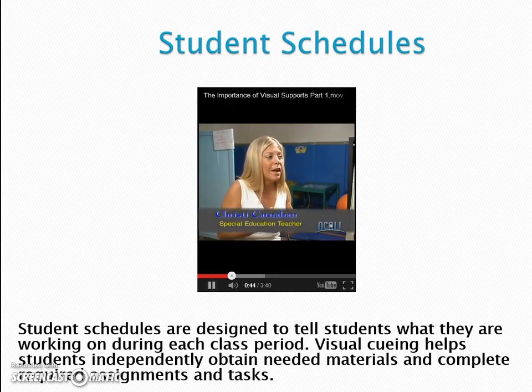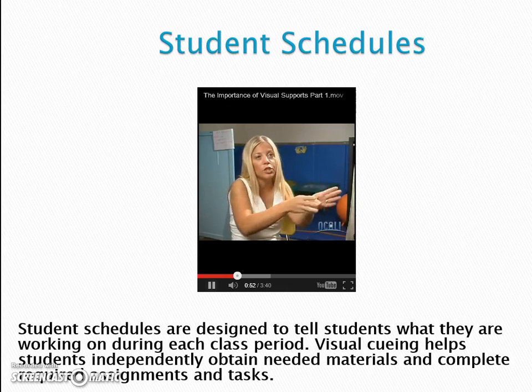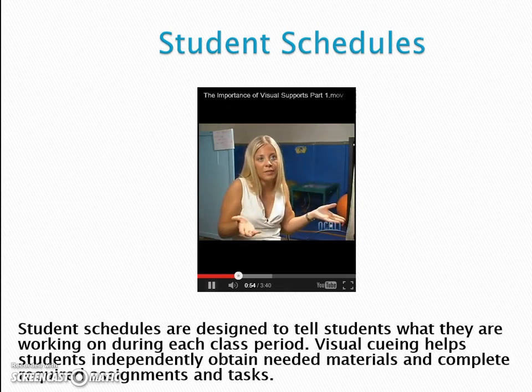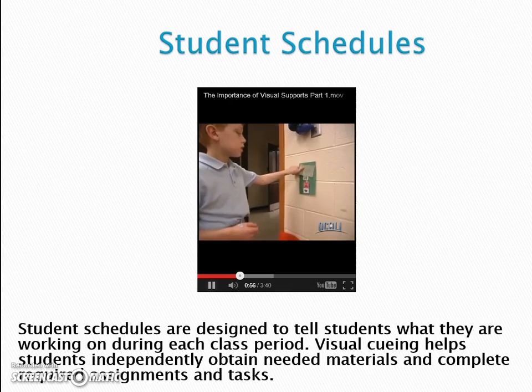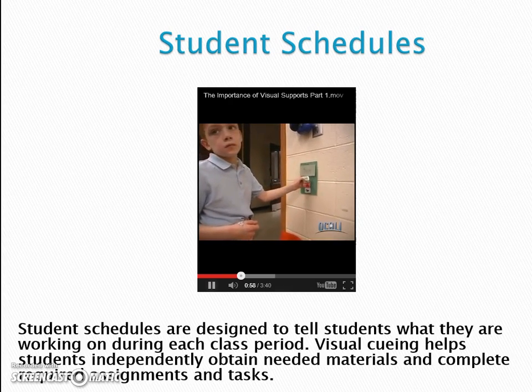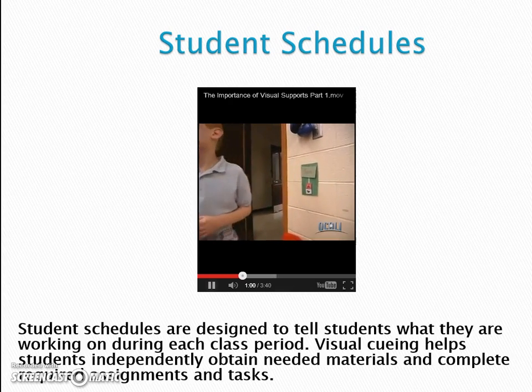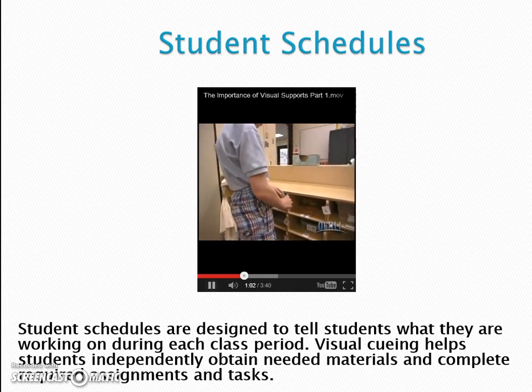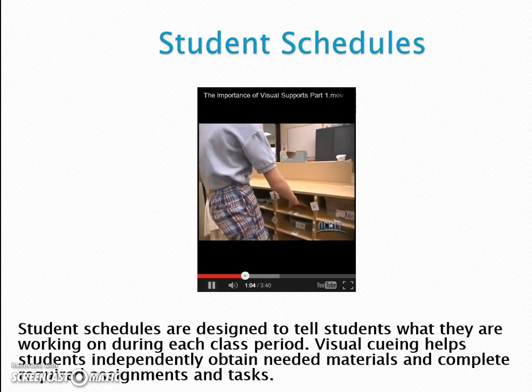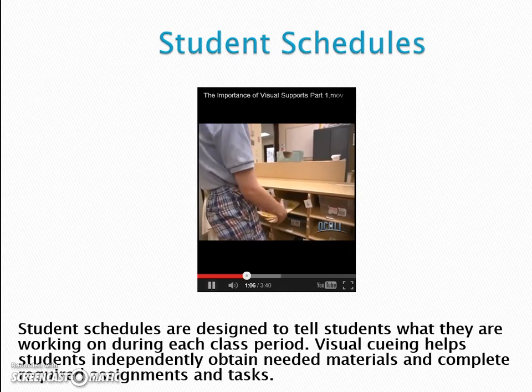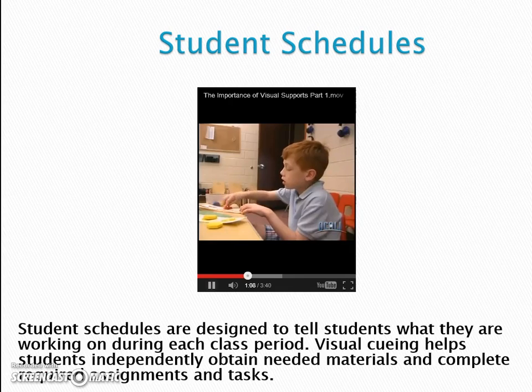Another way to say that would be that once they're attending to one thing, they have a really intense focus on that one thing, and they have trouble shifting their attention to other things in the environment. So external organization is really important to help them know what they should be focusing on and to maintain that attention and not get overwhelmed by other things in the environment, and then it helps them shift their attention from one thing to another.